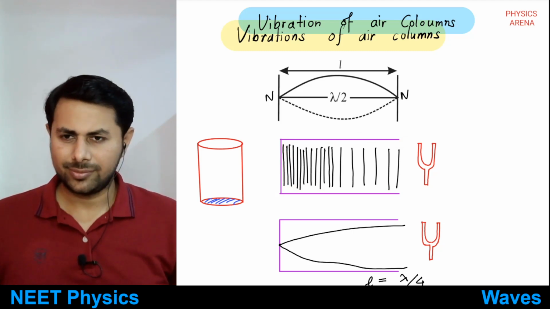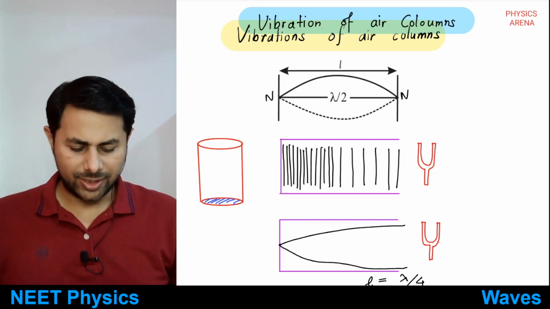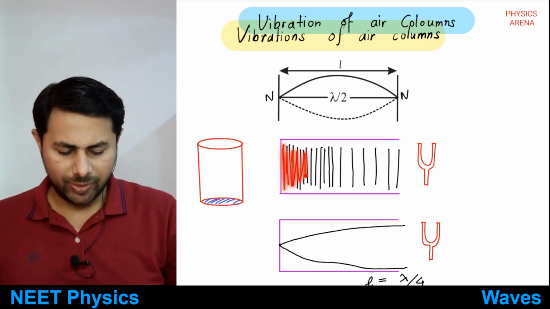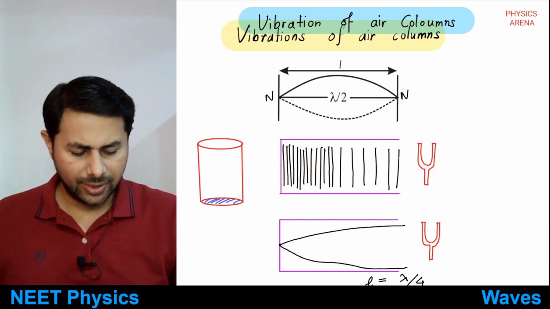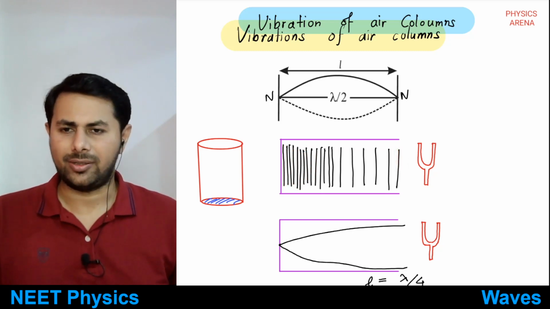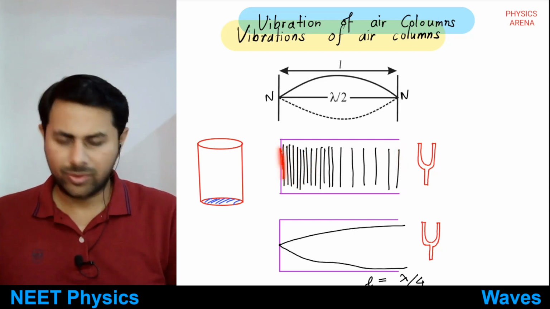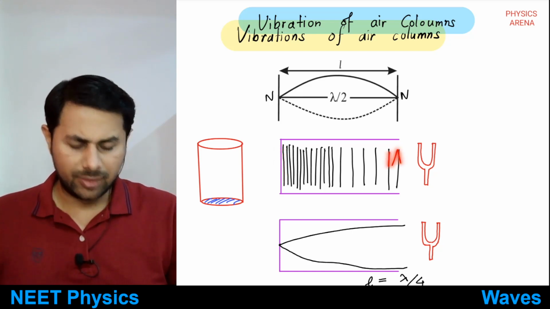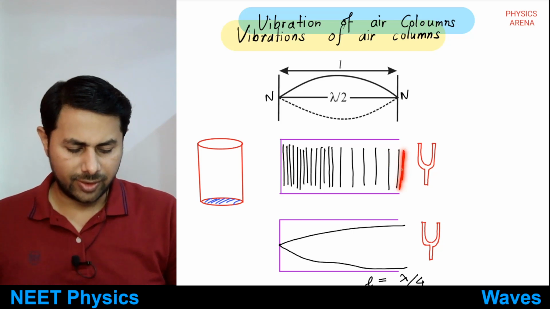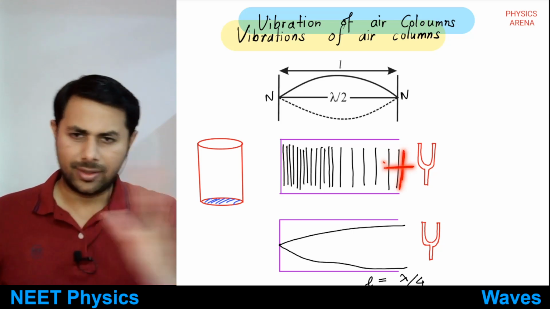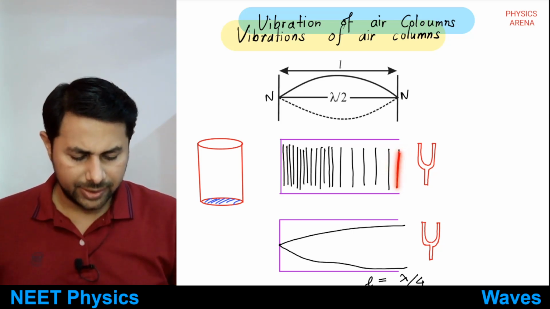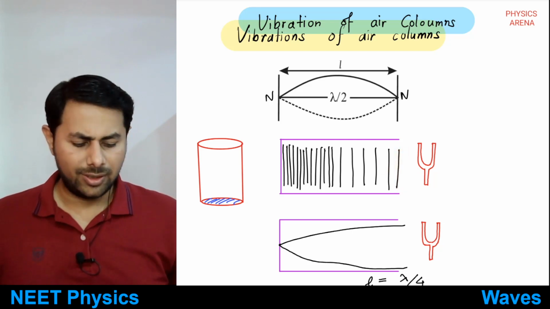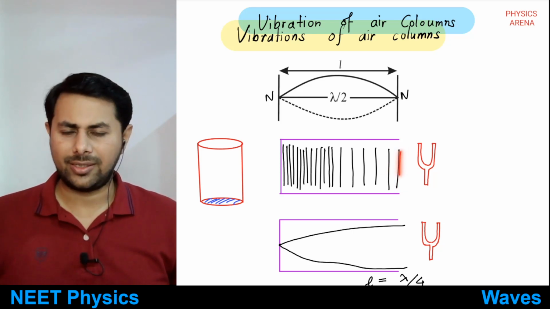Now in this stationary wave, a compression will be formed at the closed end, and a rarefaction will be formed at the open end, because here there is no room for displacement of particles. Particles will come very close to each other, and here the particles can oscillate, so there is room for displacement. Therefore there will be rarefaction at this end.